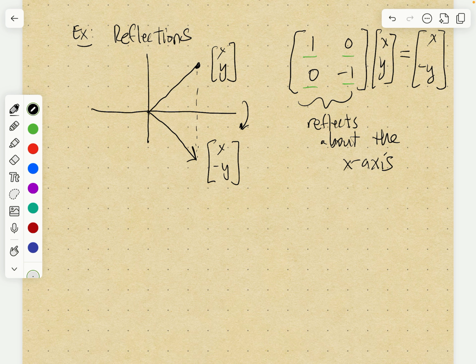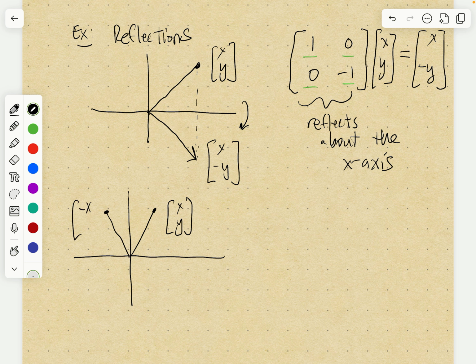What about if you wanted to reflect about the y-axis? It would take the vector (x, y) to which vector? Negative x, y, right? You reflect about the y-axis, and now, of course, I'm going to ask the same question. What matrix is going to do that?